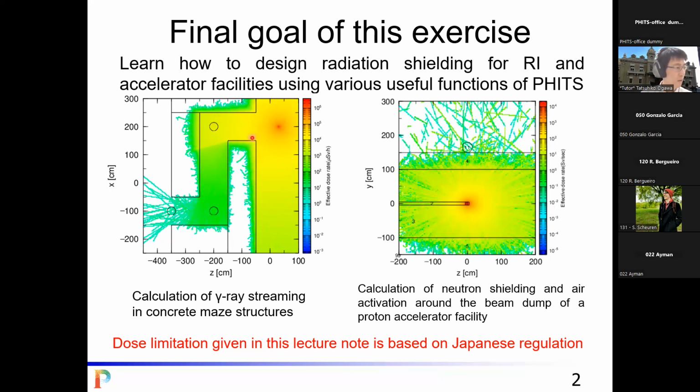In fact, we can consider streaming of gamma rays through the maze, and we can, for example, calculate the neutron shielding and activation of air around the beam dump of a proton accelerator, because radiation leakage and activation followed by gamma emission from activated air are very important factors in radiation shielding.